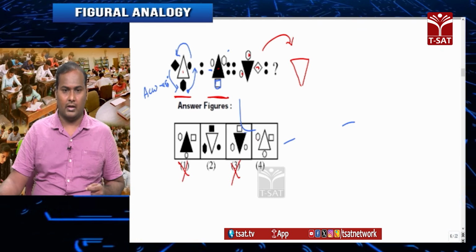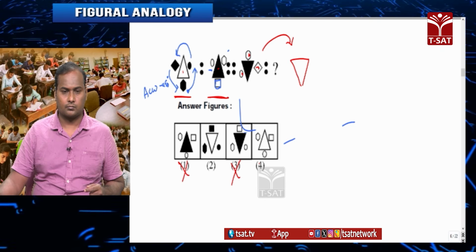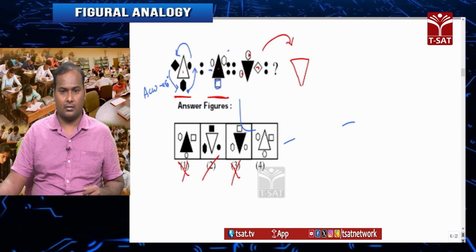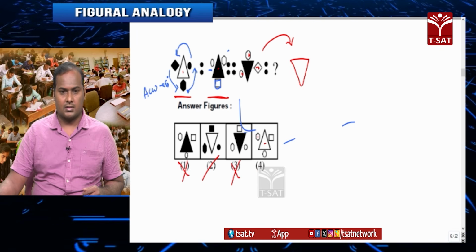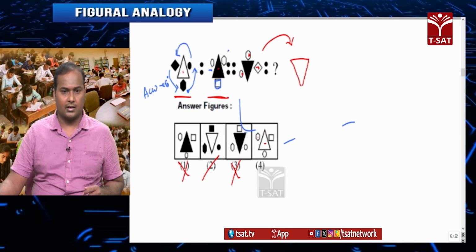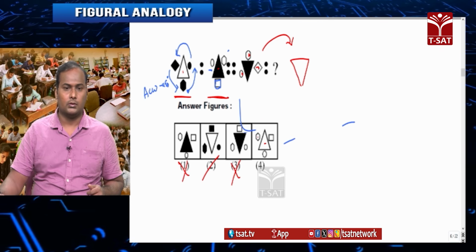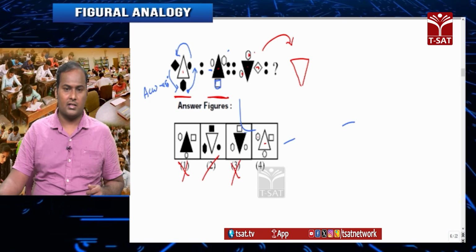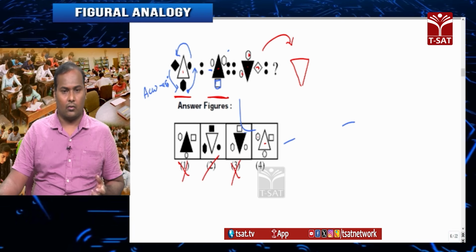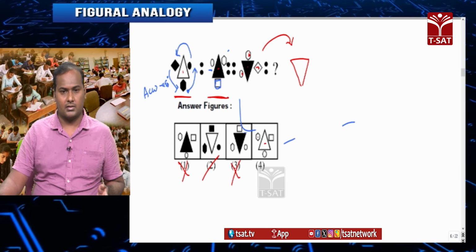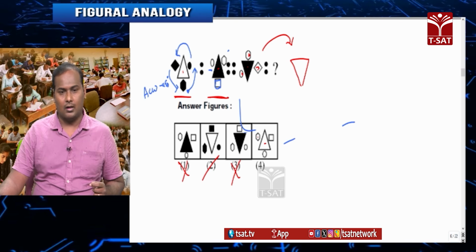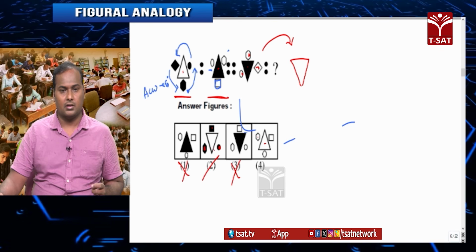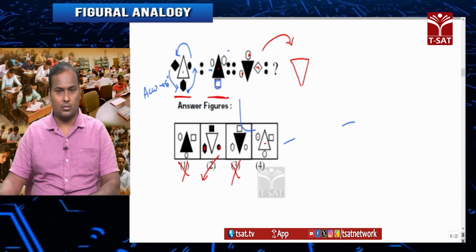So they can't be lighter here as well. So your answer is option 2, because in option 4 everything is light. The triangle is in lighter color, the circle, the hexagon, the square, everything is light in color. Whereas in option 2, only the triangle, which initially was darker, now became lighter. Whereas the outside figures, that is a triangle, a circle, a hexagon and a quadrilateral, now became darker. So that is the reason the answer is option 2.